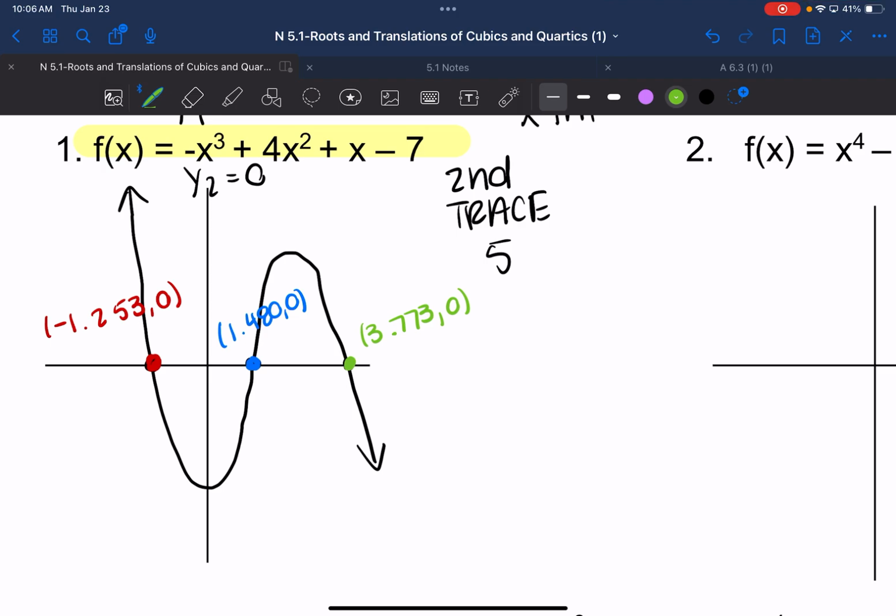We'll just press enter 3 times. Perfect. Second one is negative 0.650.